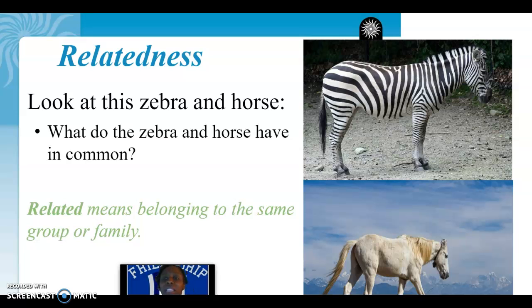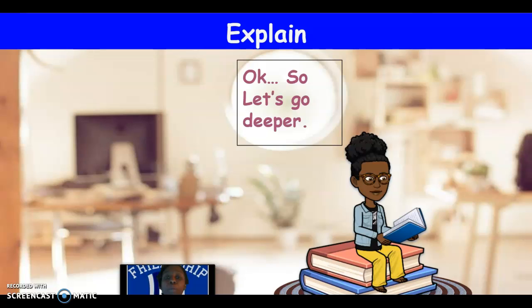These two animals may be what you think related. Related means that they belong to the same group or family. So they may be related, which is why they have similar characteristics. But on the same token, they're not similar at all. And that is what we're going to explore today.